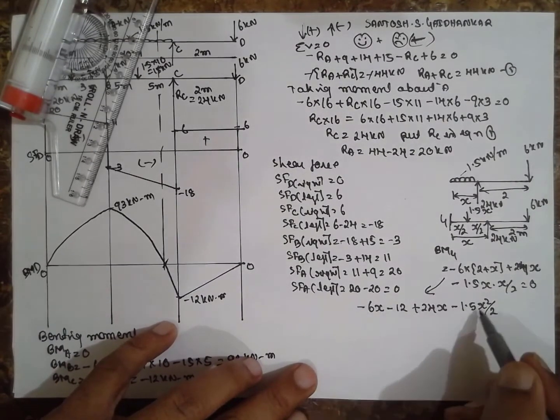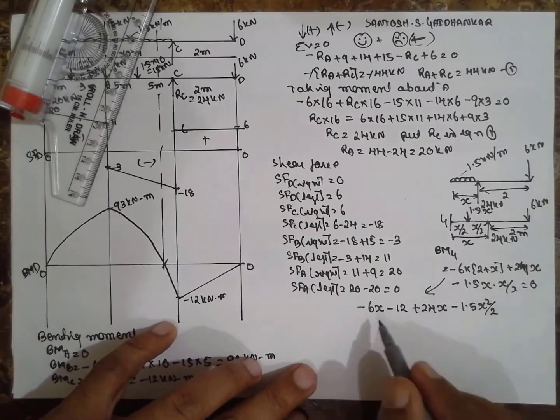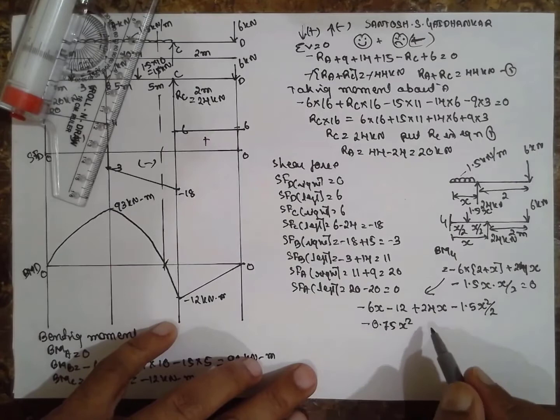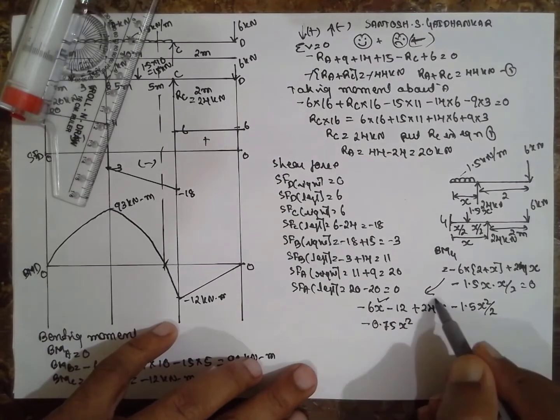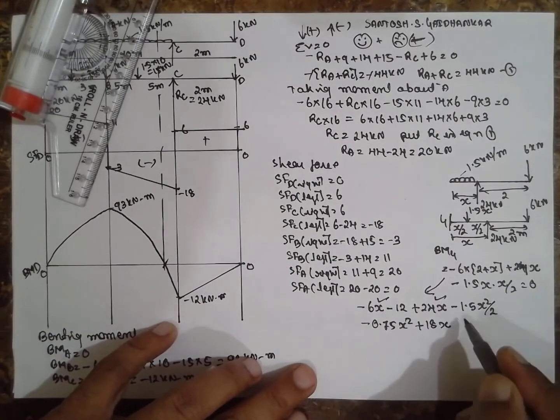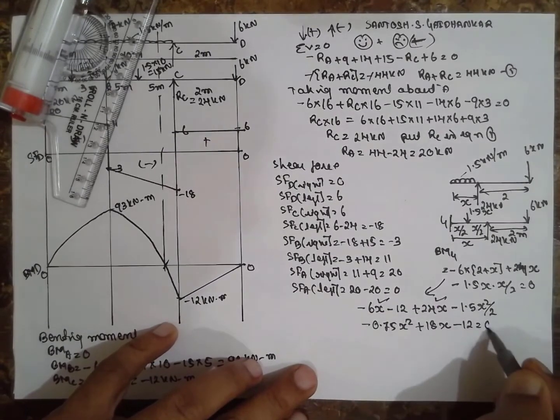Further, this can be written as minus 0.75x squared plus 18x minus 12 is equal to 0.